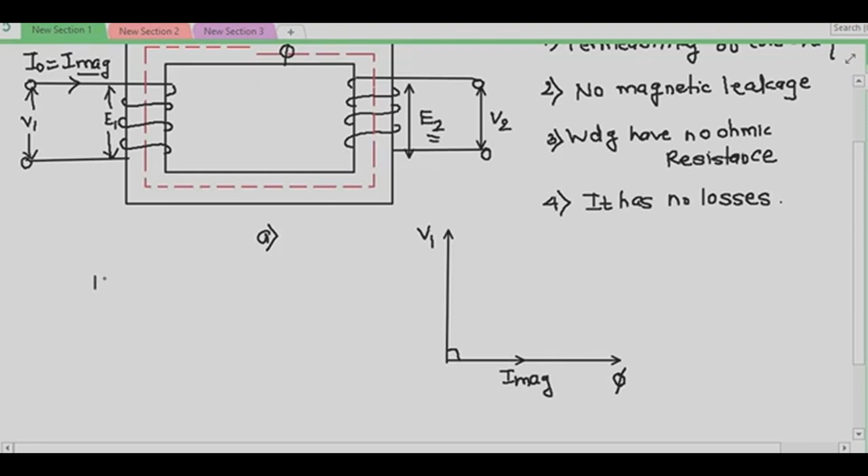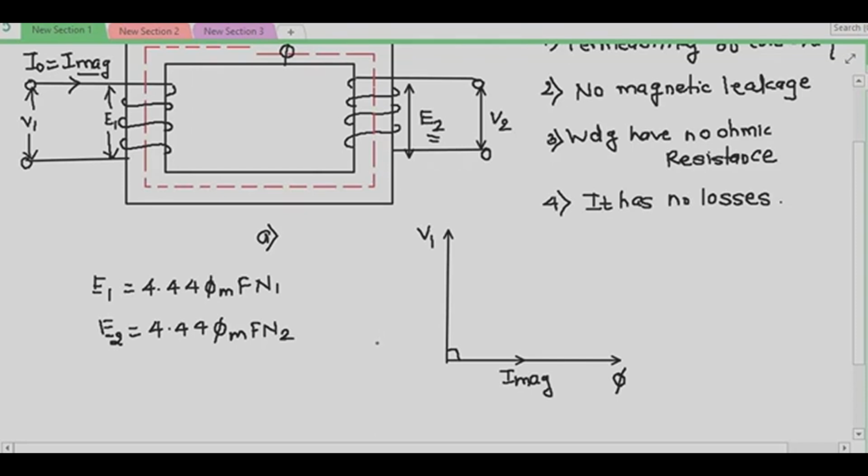As we saw in my second lecture, E1 is nothing but 4.44 phi m f N1. So E1 is directly proportional to N1, and E2 is also directly proportional to the number of turns on the secondary winding.